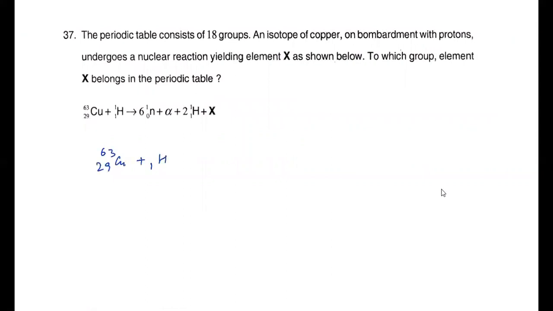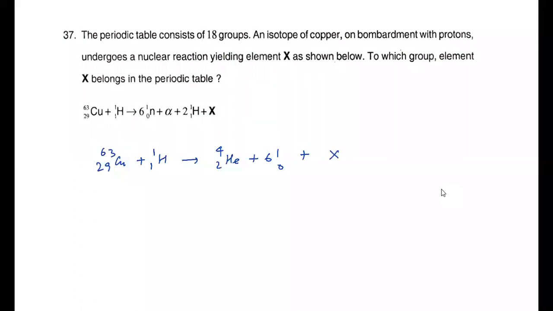Proton bombardment will form 2He4, 6 neutrons, and X. So you know in the nuclear reactions, sum of atomic number and mass number is same.